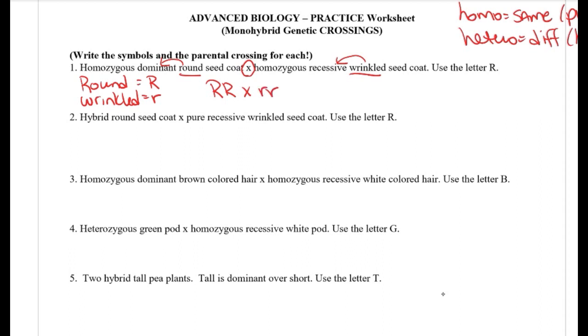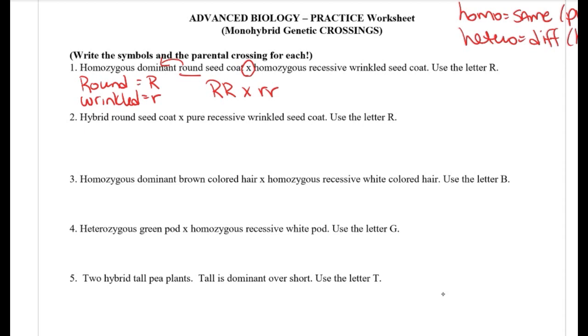We'll get to this later also, but I just want to point this out, that if it did not give me this information, if I had wrinkled, the only way it could be wrinkled is to be homozygous recessive. That is absolutely the only way, because if there's any dominant allele, it's going to mask or cover up the recessive trait. So let's go to the second one.